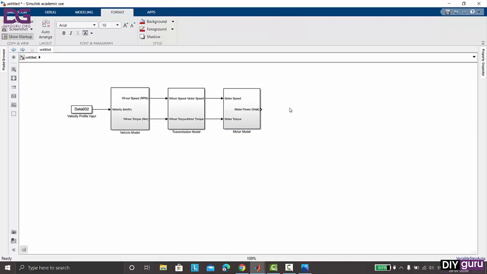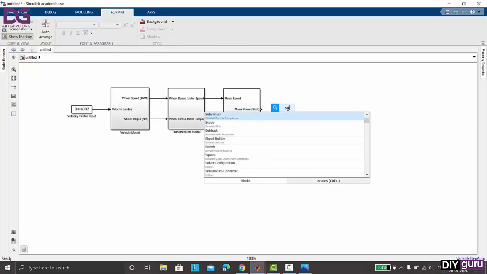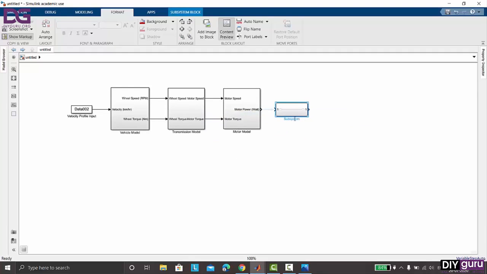Next thing is to estimate the battery parameters. We require one subsystem of battery and name it as battery model.